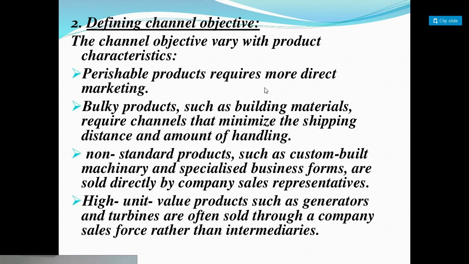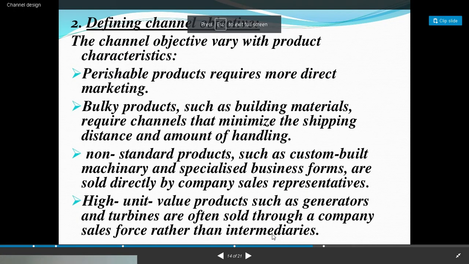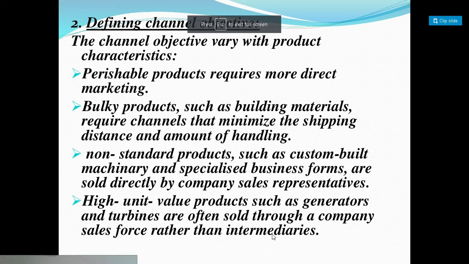Next one, defining the channel objective. The channel objectives vary with product characteristics. As people are aware, perishable products require more direct marketing, and the second one is bulky products. Bulky products such as building materials require channels minimizing the shipping distance and amount of handling.